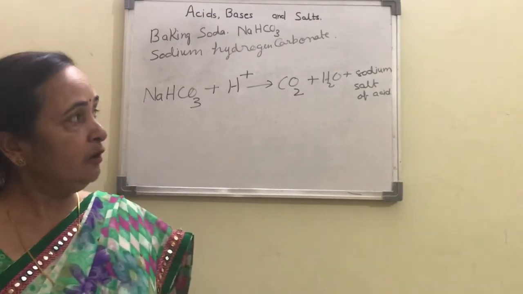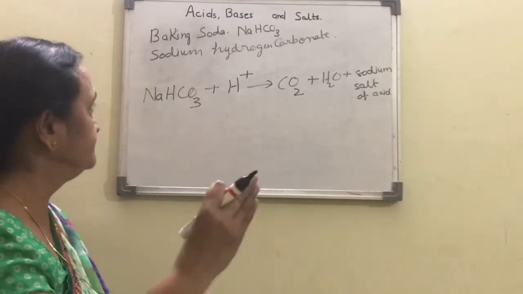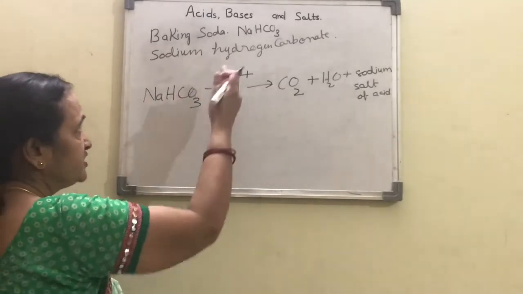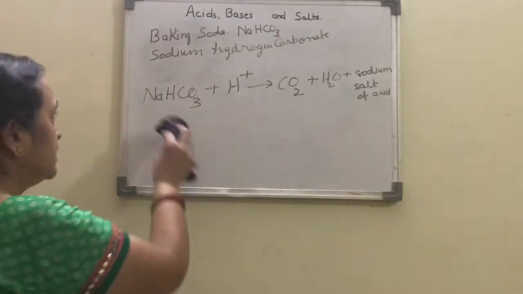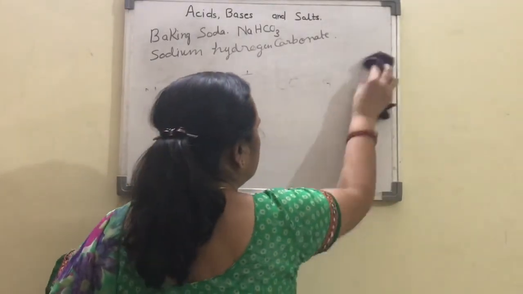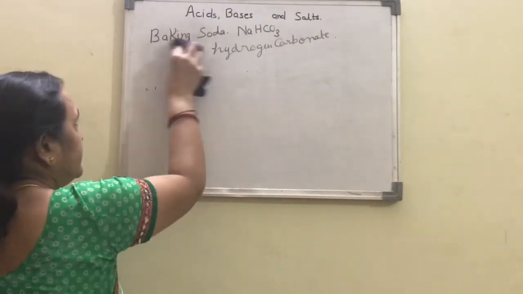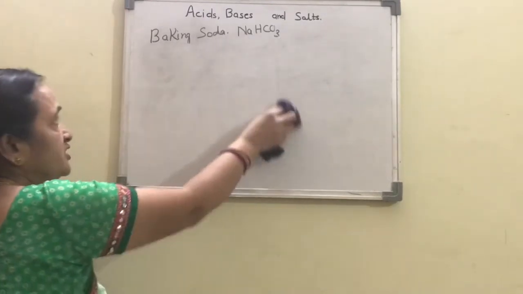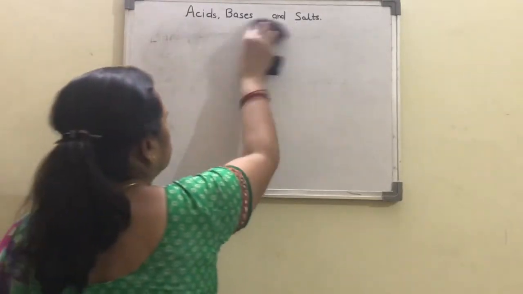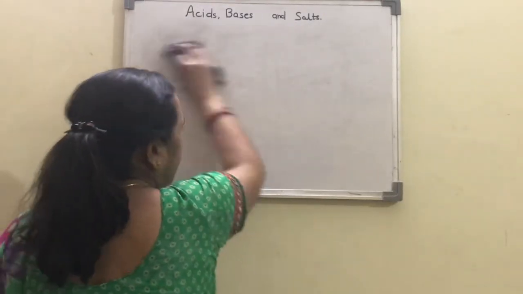Okay, now let's continue the topic, and you can see the next compound is washing soda. All these compounds are prepared from the byproducts we get from the chloralkali process. The preparation of washing soda is also like baking soda.